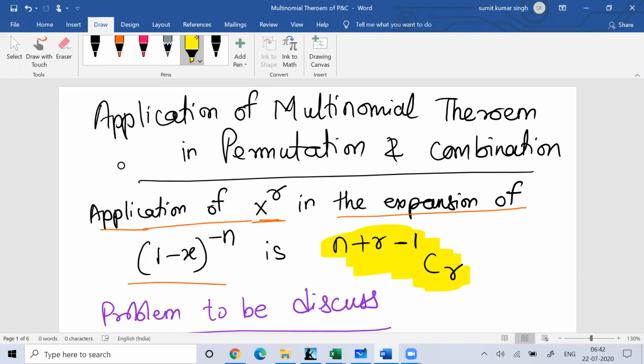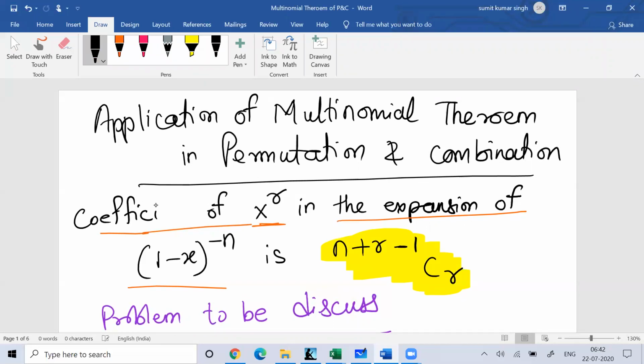Whenever I have to determine the coefficient of x to the power r in the expansion of 1 minus x to the power minus n, that is equal to n plus r minus 1 C r.